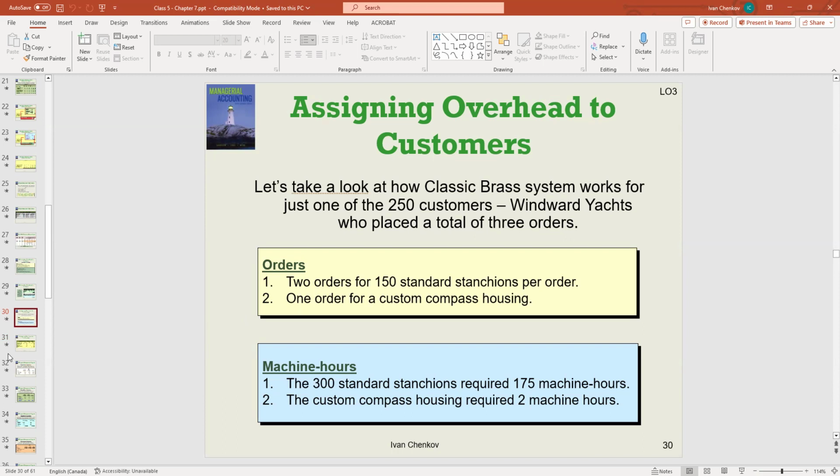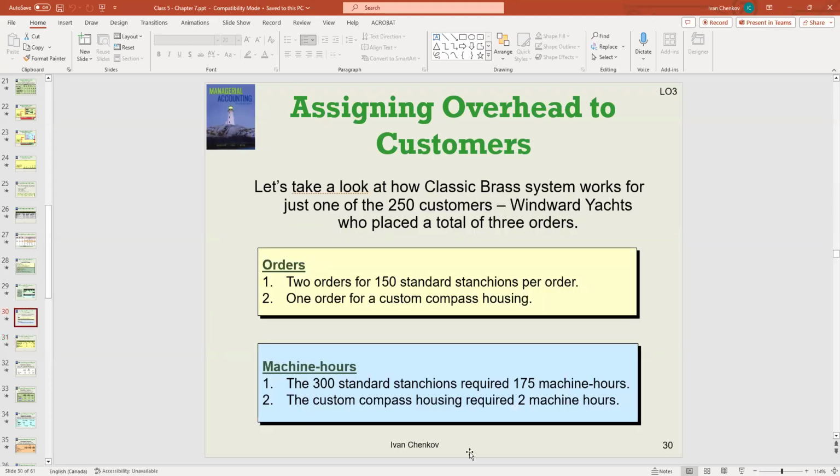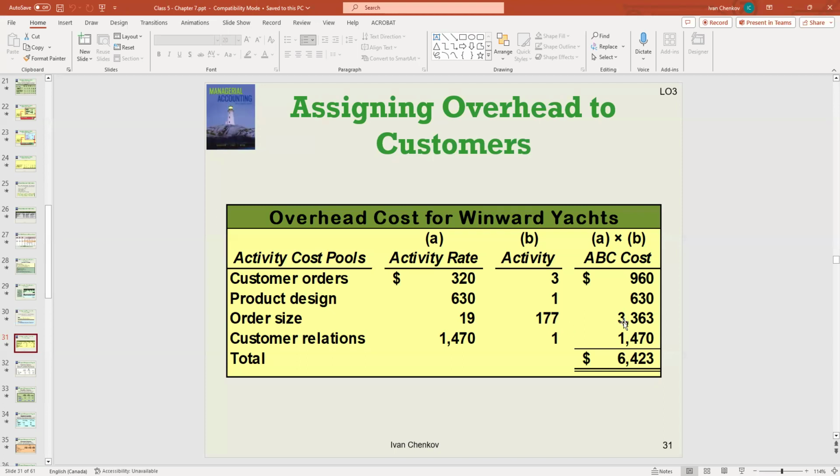So out of 3, only 1 is for the product design, 630. For the order size, since we have 300 standard sanctions, and that requires 175 hours, plus 2 hours for the custom, that's 177 hours. $19 per hour gives us the cost for that customer.